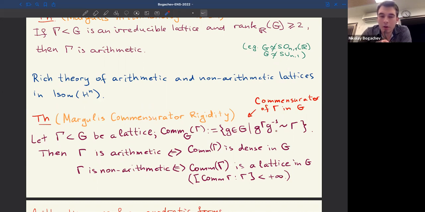So then gamma is arithmetic if and only if this commensurator is dense in G, and gamma is non-arithmetic if and only if the commensurator is a lattice in G. And moreover, this commensurator of gamma is a lattice in G, and it will be a maximal lattice containing our group gamma.